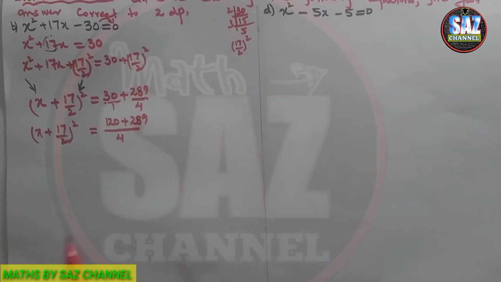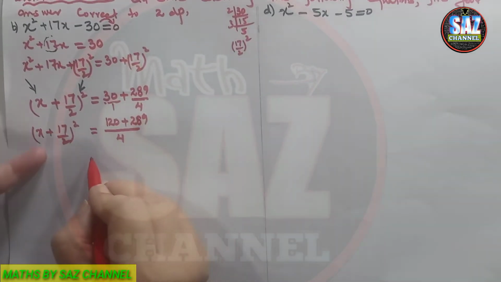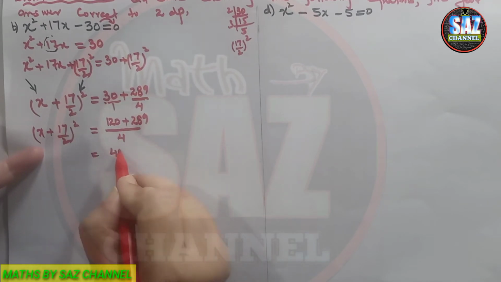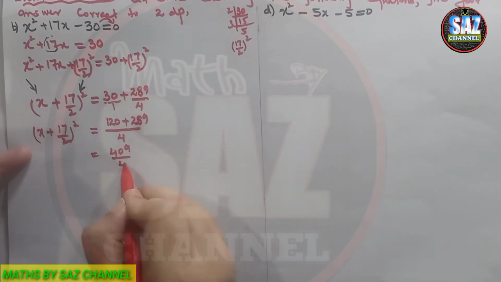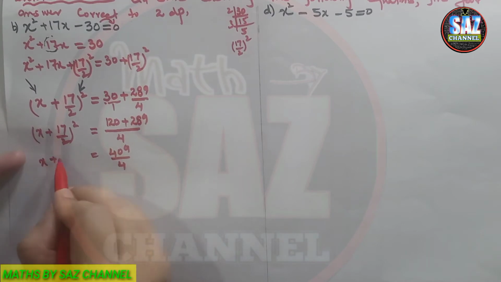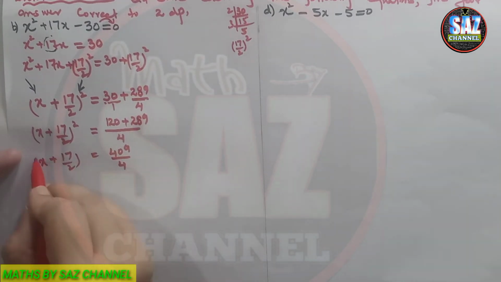Adding up 120 and 289, this will give me 409 by 4 equals (x plus 17 by 2) whole square.